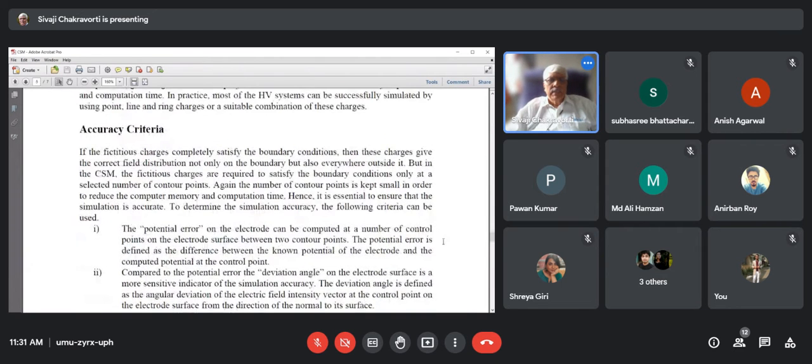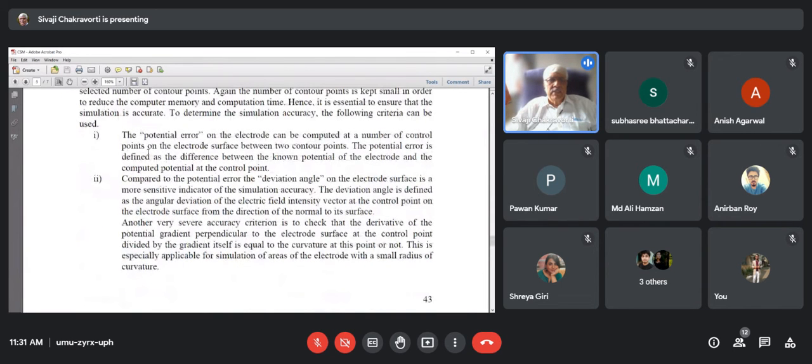So this is first the potential error on the electrode, but that's not the best judge. We know that in field theory there is a very well-known condition that if you have an equipotential surface, flux lines are always at 90 degrees to the equipotential surface.